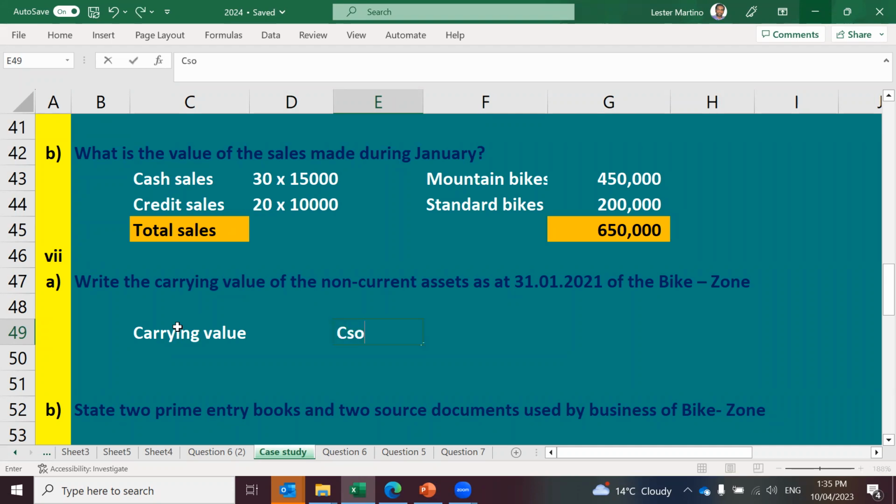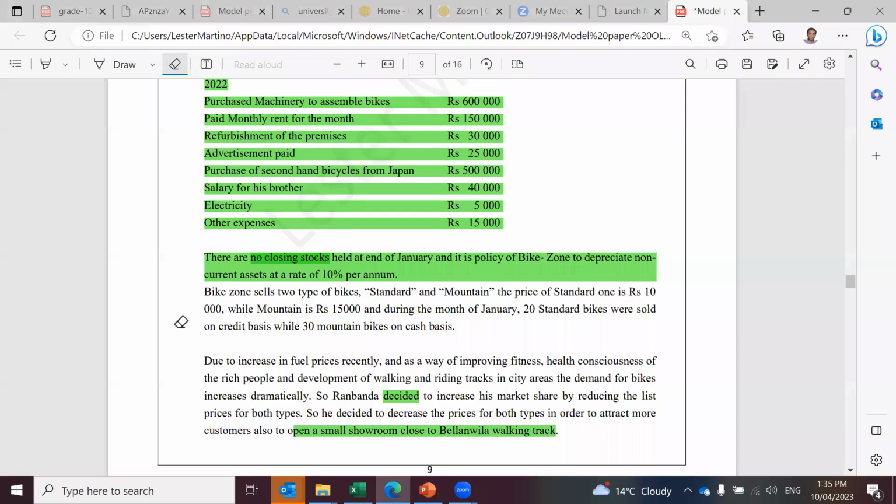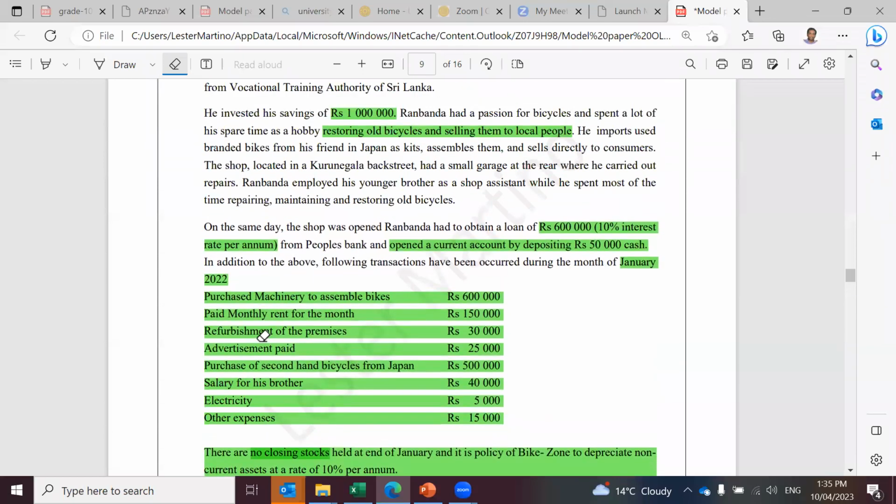Clear? Okay. Cost minus accumulated depreciation. Cost minus accumulated depreciation. Okay, tell me what is the cost of the non-current assets?